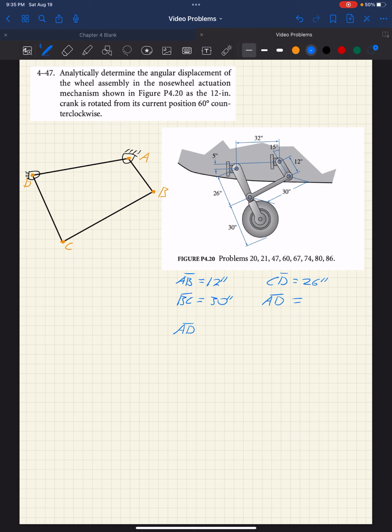And we can just use Pythagorean theorem. 5 squared plus 32 squared, square rooted, is equal to 32.39 inches. So we'll call AD 32.4 inches.